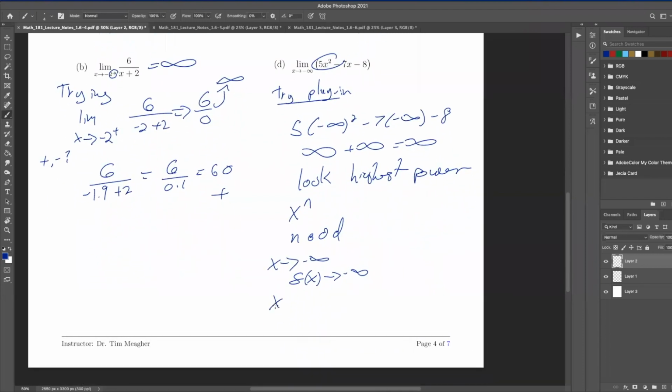And if x approaches infinity, your function is going to go to positive infinity. Now, if n is even, whether x goes to infinity or minus infinity, your function is going to go to positive infinity.